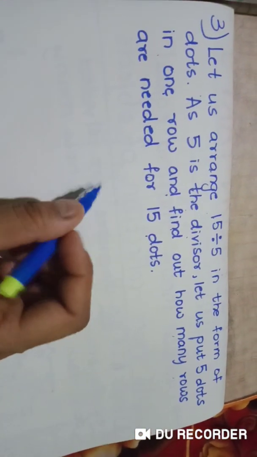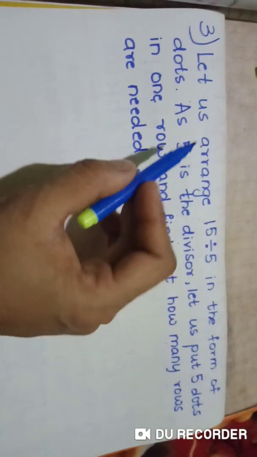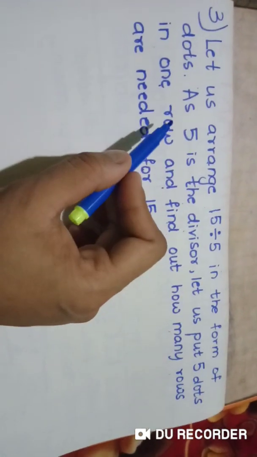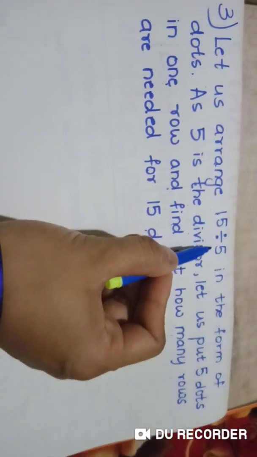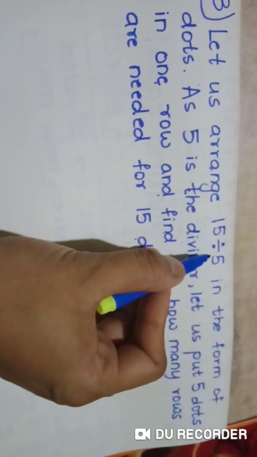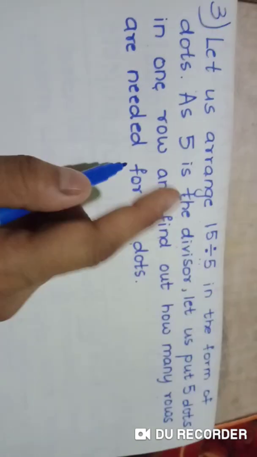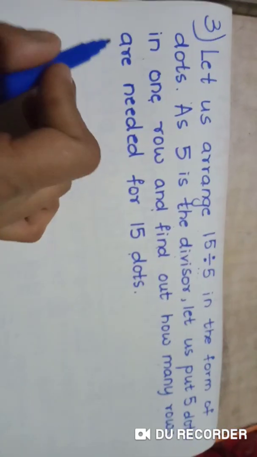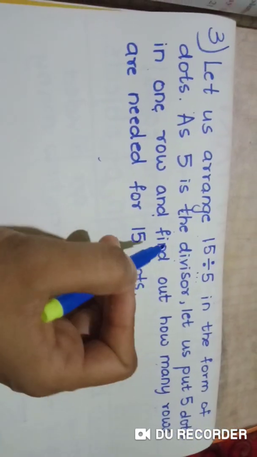Now, what do we have to do here? We have to arrange 15 divided by 5 in the form of dots. What is the divisor here? 5. So, what will we put? We will put 5 dots in one row and find out how many rows are needed for 15 dots.